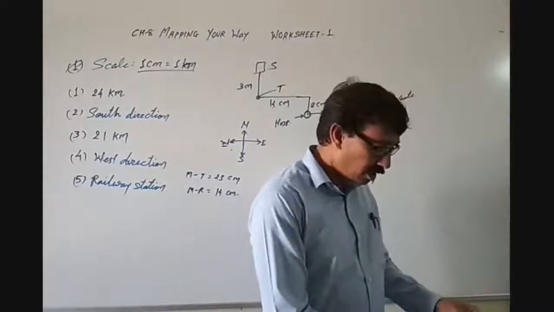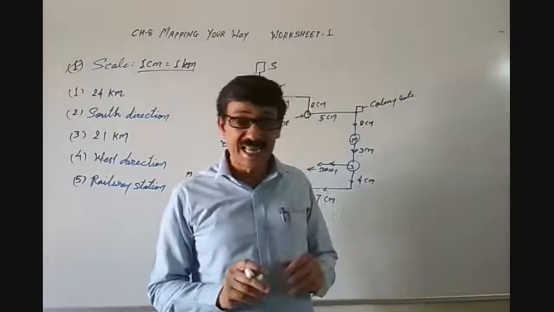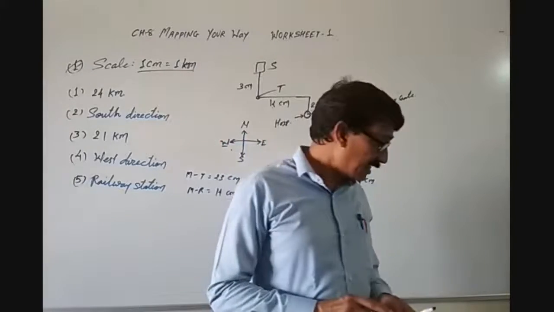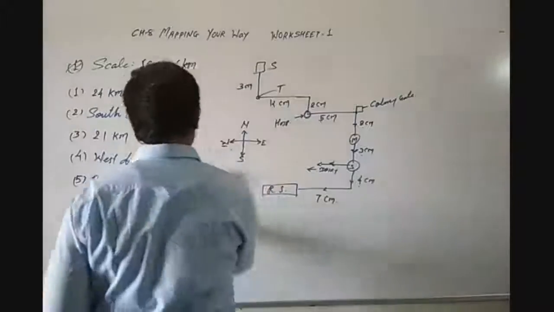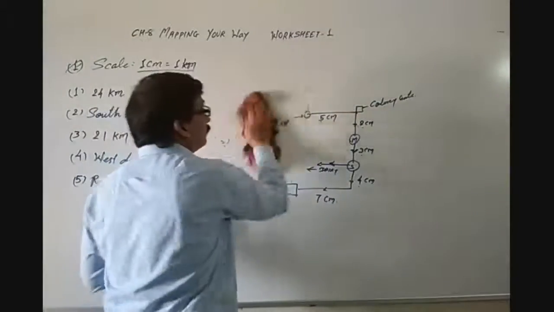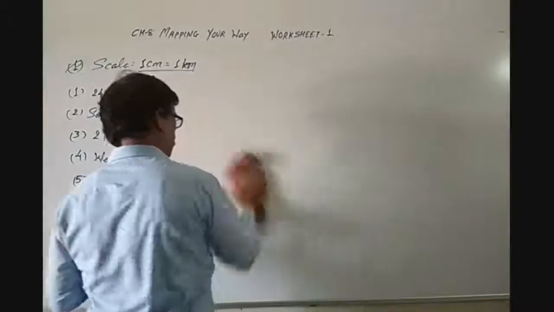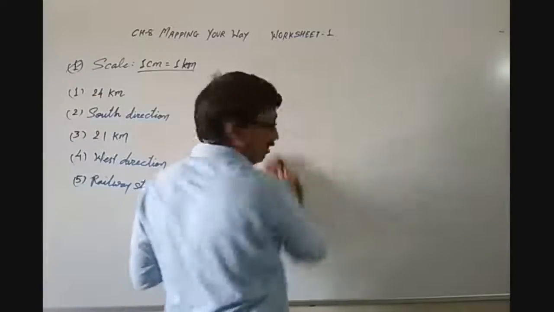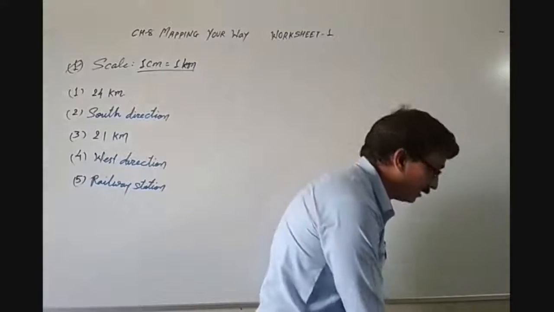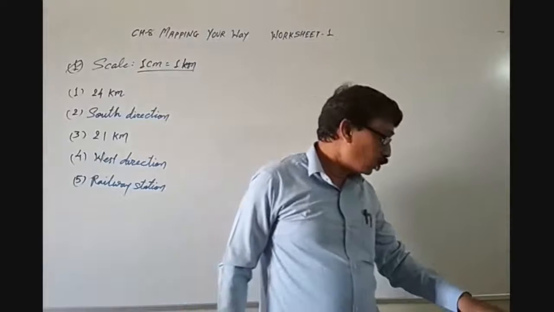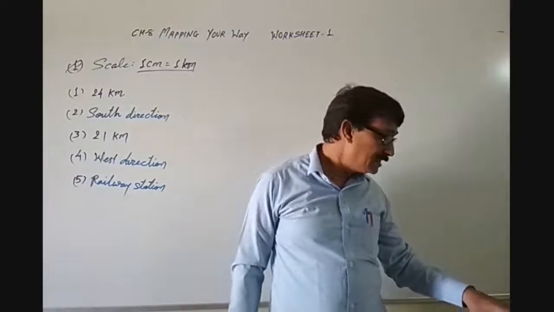And now let's go for the second question. Okay, in the second question you can see that there is a grid. First of all in the second question you should mark that this is the top view of Arpita's house given below.